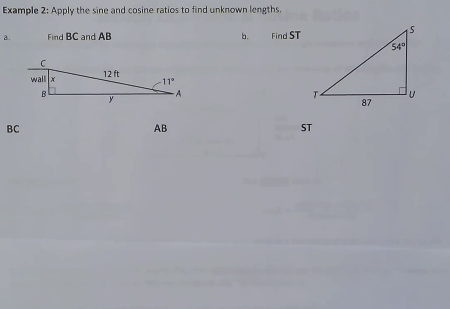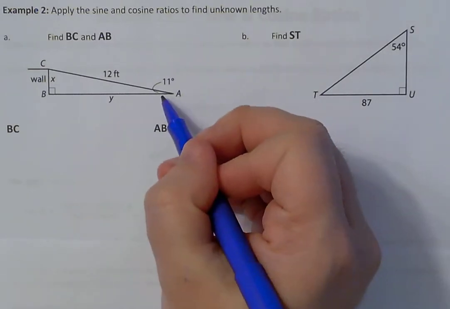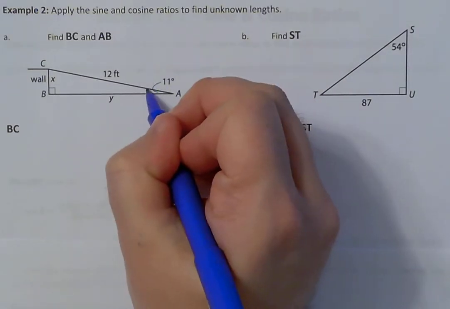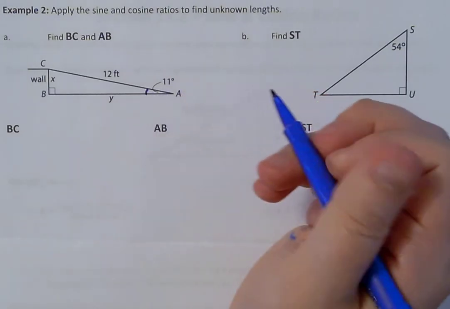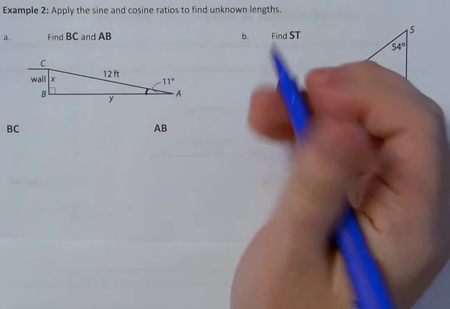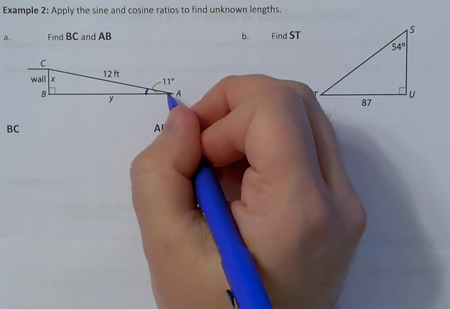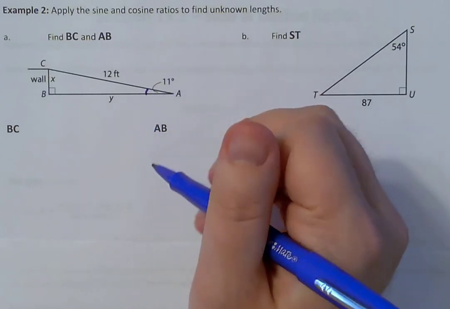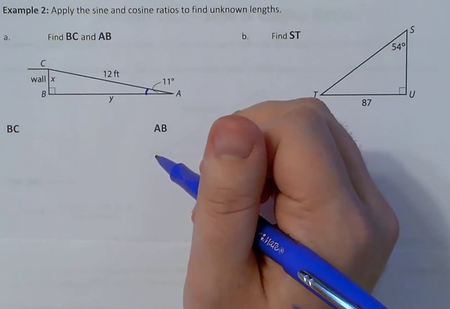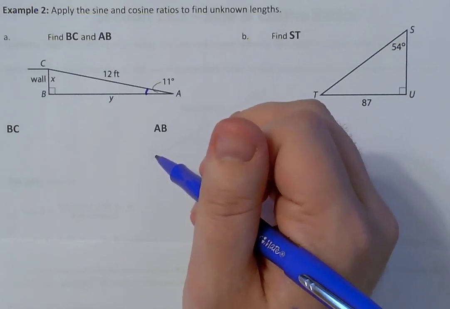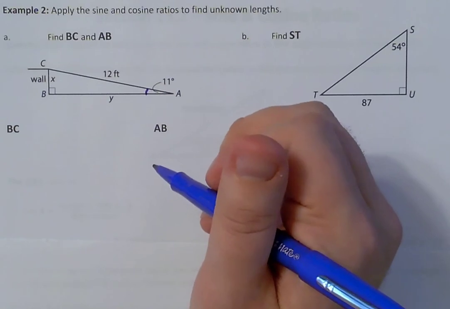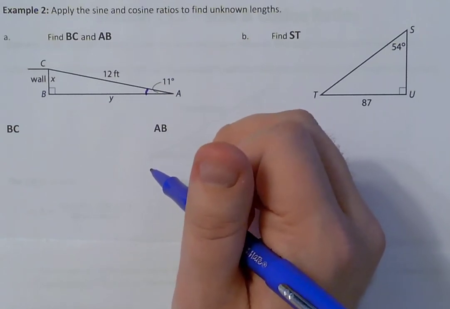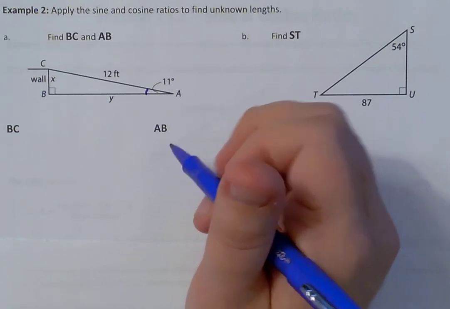But the first thing you need to do, anytime you get to these, identify the angle measure they tell you, which in this case is A. Okay, so we know that A is 11 degrees. So angle A is going to be my reference angle. Then you want to identify your opposite, adjacent, and hypotenuse sides. That way we can figure out if we need to use sine or cosine.